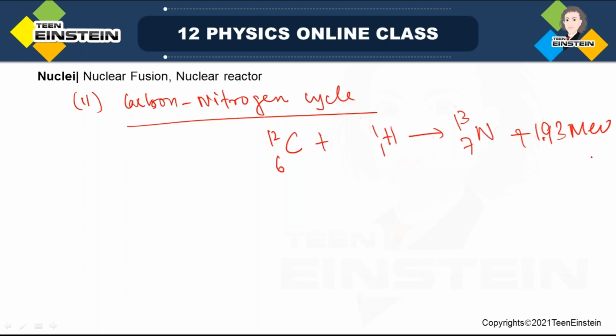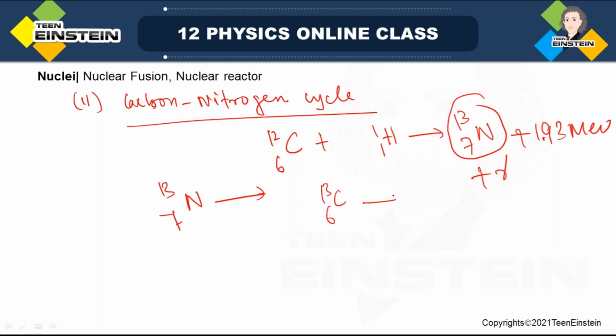0.93 MeV energy will be generated, and there will be gamma emission. Now this is again radioactive. This nucleus is radioactive, so it breaks down into carbon C13, which is also radioactive.